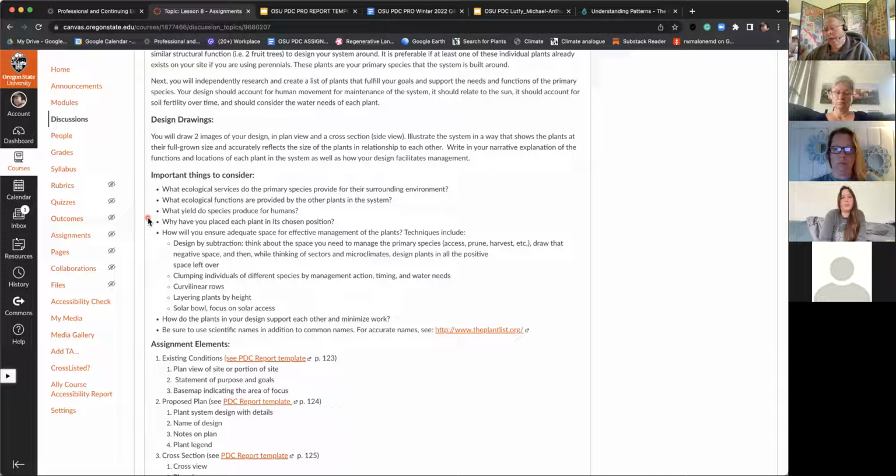Again, we get into the sun lovers, shade lovers, and trying to keep similar moisture requirements as well matched as you can. And how you ensure adequate space for management.